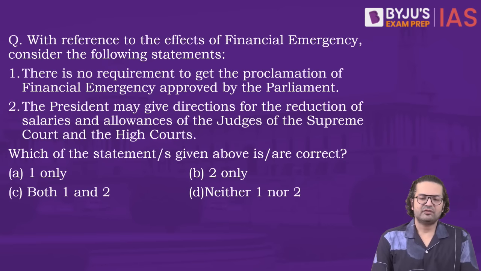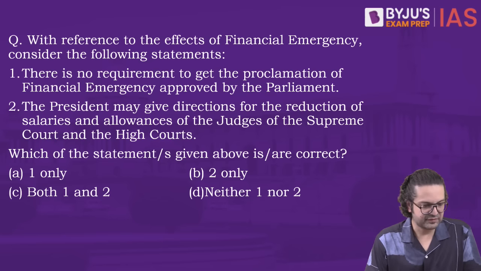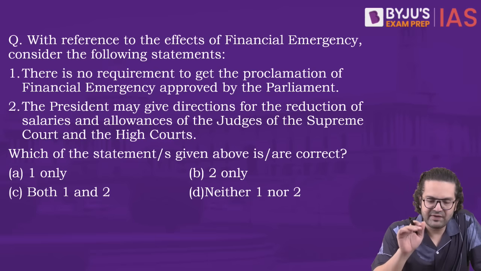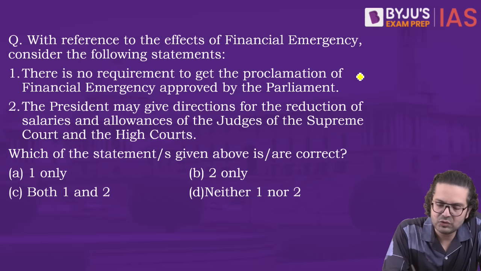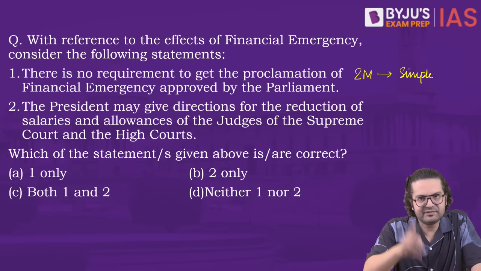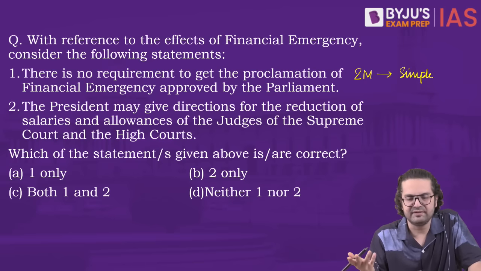With reference to the effects of financial emergency, consider the following statements. There is no requirement to get the proclamation of financial emergency approved by the Parliament. No. Once the financial emergency is proclaimed, within 2 months, you have to get it approved by the Parliament by a simple majority. This is required. Now, once it is done, then you don't need the recurring approval every 6 months.